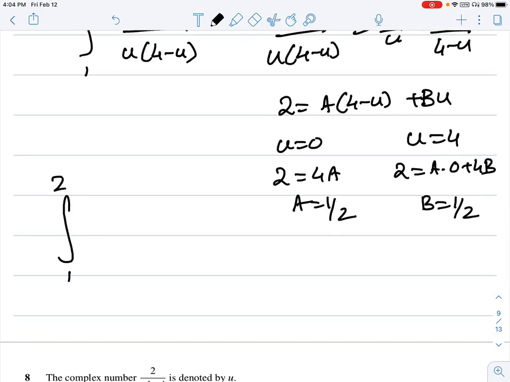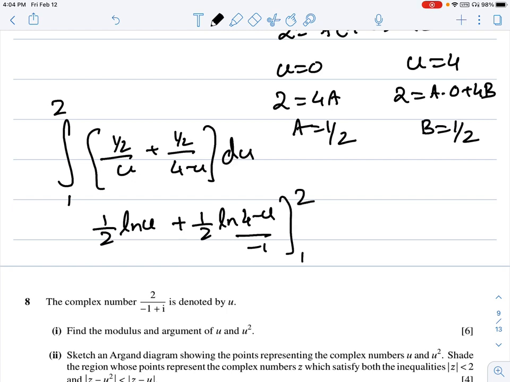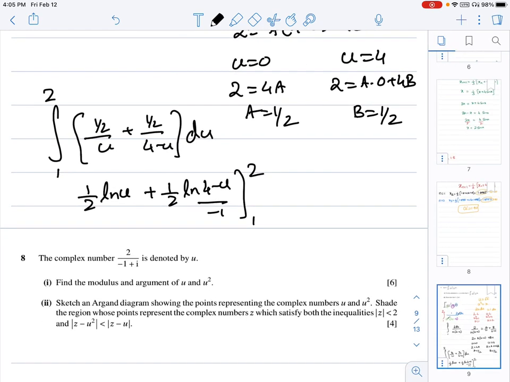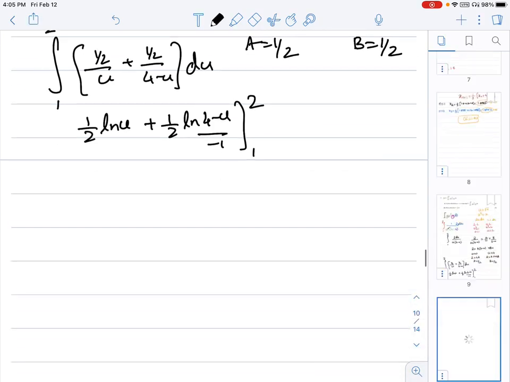So the integral from 1 to 2 of (1/2)/u plus (1/2)/(4 minus u) du. This will become 1/2 ln u plus 1/2 ln(4 minus u) divided by minus 1. Don't forget to divide by minus 1, because the derivative of minus u is minus 1.